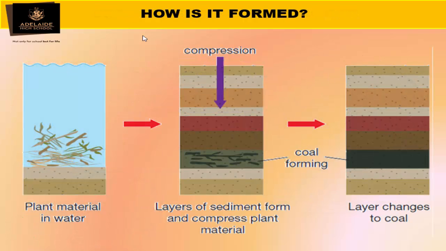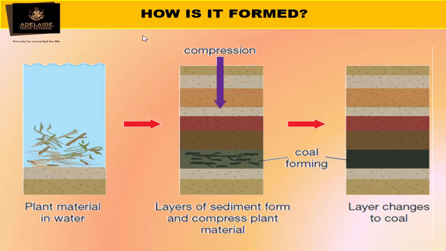Now, have a look here on the left hand side. We have plant materials here. You can see there are still sediments, still sedimentary layers. Once this plant material has decomposed, it will form a layer. They'll be compressed together. It's also compression. And once it's compressed, these plants will form coal.